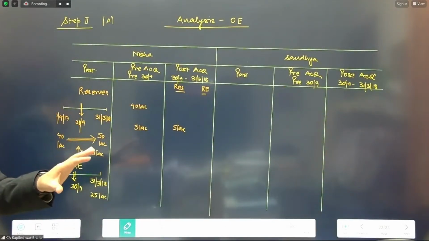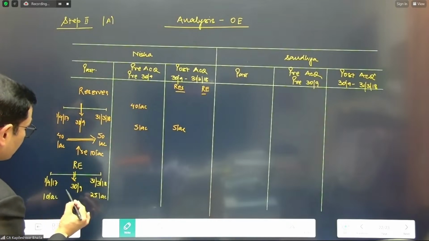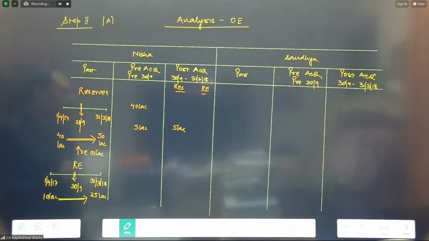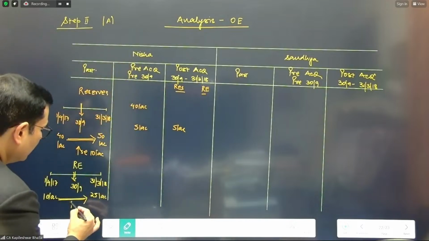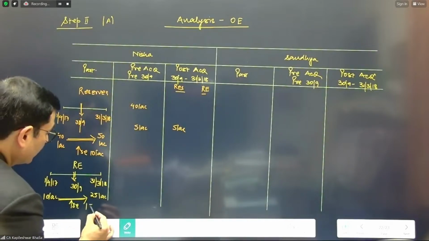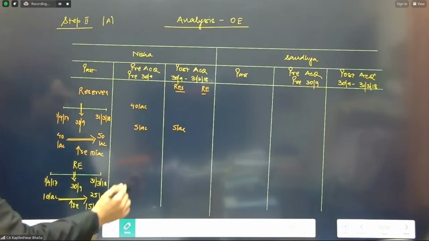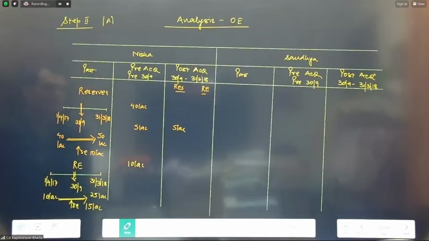And if you go to the point number 3, we are given the retained earnings is appearing to the extent of 10 lakh. So we can see the movement during the year is 15 lakh. So the increase in the retained earnings is to the extent of 15 lakhs. So I think we can definitely do a similar exercise like reserve. 10 lakhs is the balance at the beginning of the year, so certainly pre-acquisition.